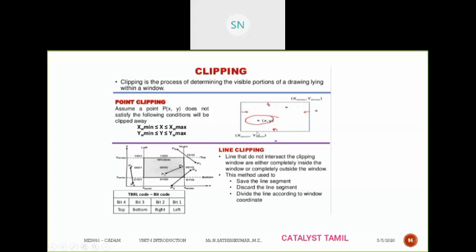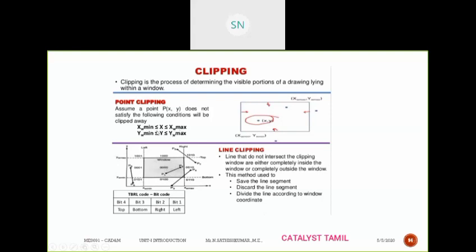If a point is available within this minimum and maximum limit, then that point satisfies the condition and it should be displayed. If a point does not satisfy the window limits, which means xw minimum less than xw maximum, that is, if the x coordinate is not lying within this range, xw minimum to xw maximum, then it should be discarded.